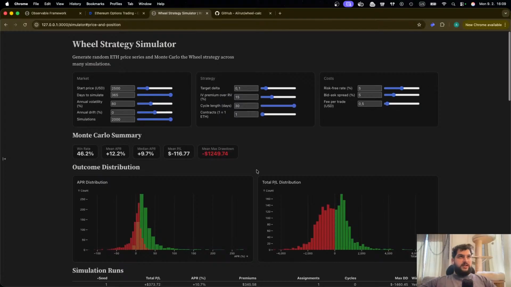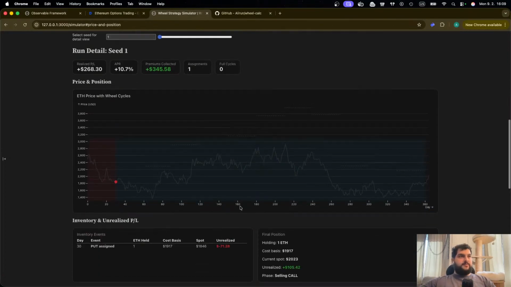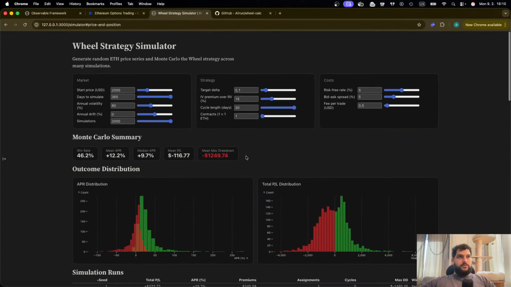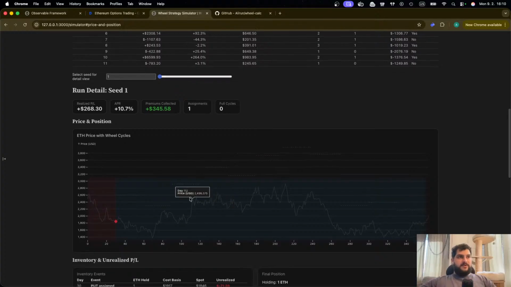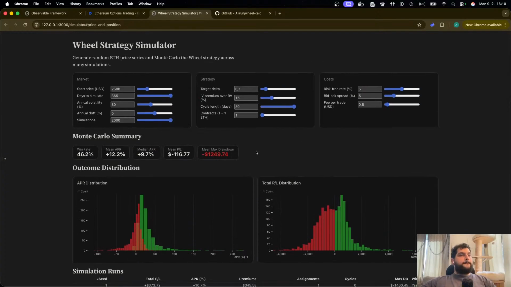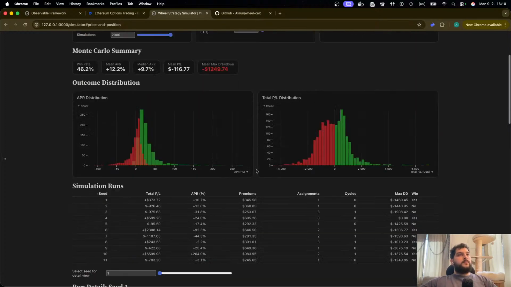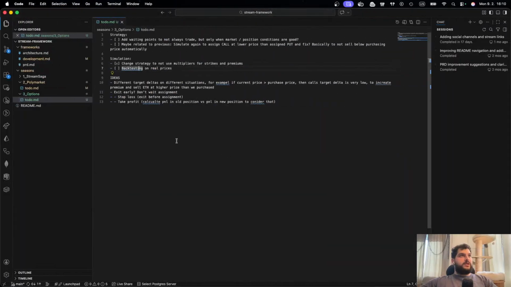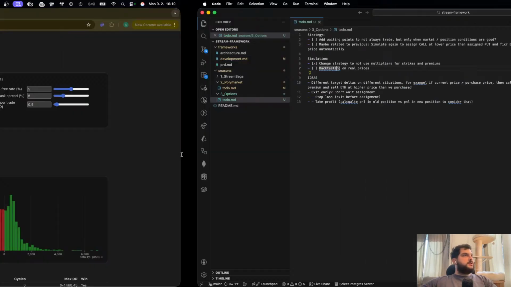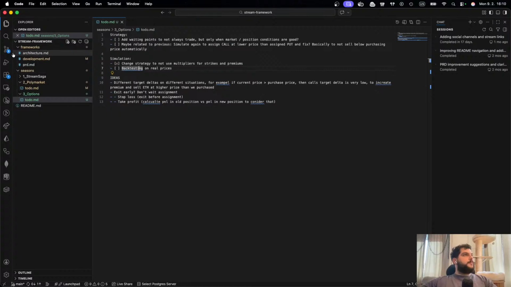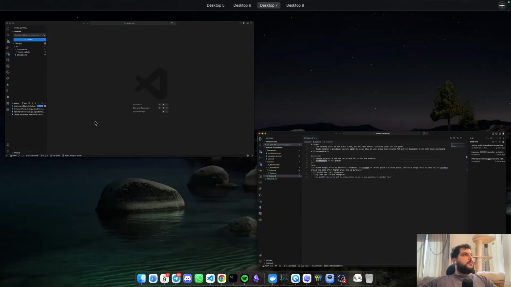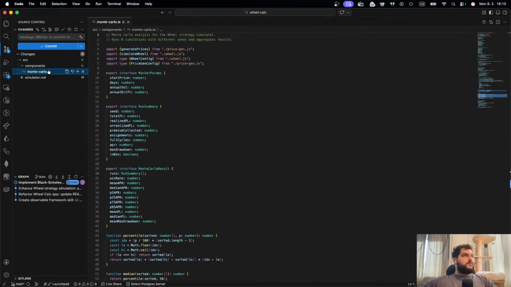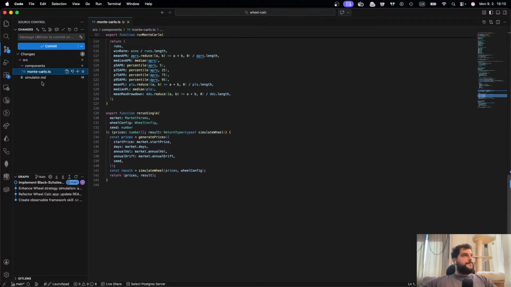Now I wanted to try this idea that we talked about, to have different deltas. Okay, let's try doing this. Let me first commit what we've done here. I think it's very cool.